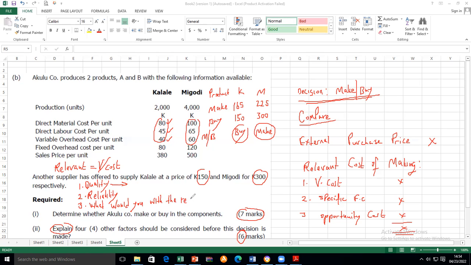The resources that we are using, what are you going to do with them? You consider that too. Are you not killing your internal capacity? In the future, you will not have any capacity because you don't make the product anymore.